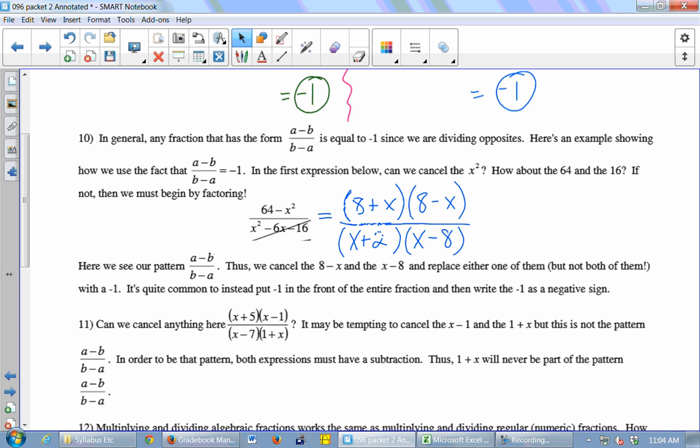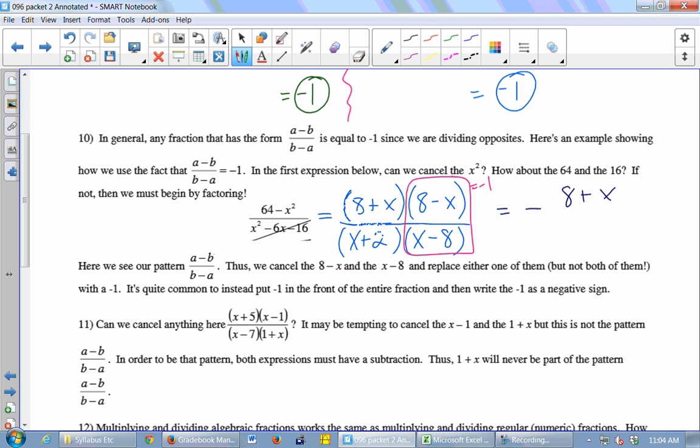Yes. The 8 minus x and x minus 8, that fits the a minus b over b minus a, right? So these two equal -1, right? That fraction is -1. So my final answer is going to be -(8 plus x) over x plus 2.